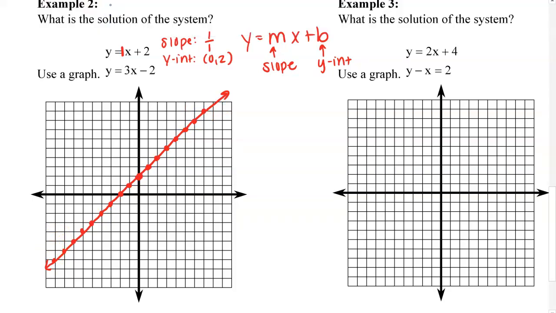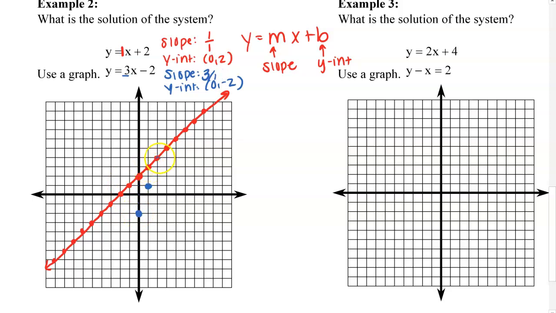The second line I'm going to do in blue. I see the slope in front of the x value, so the slope is 3. The y-intercept is (0, -2). So I'm going to plot -2 first on the y-axis. A slope of 3 is like 3 over 1, which tells us to go up 3 and right 1.